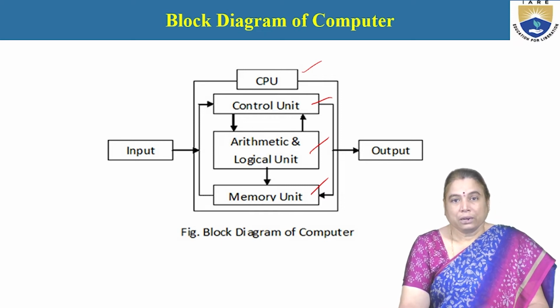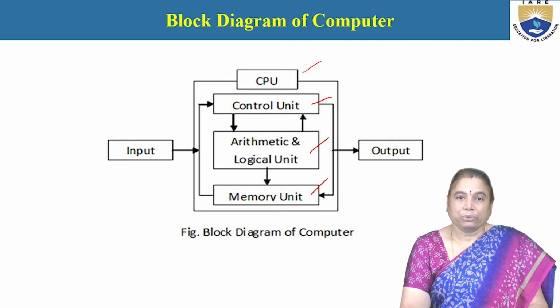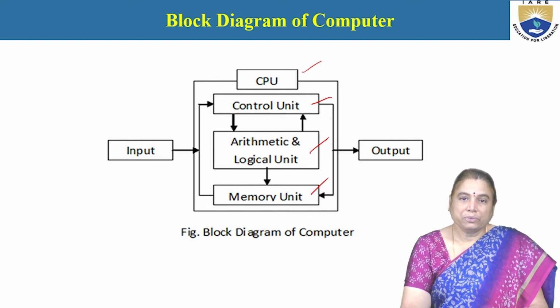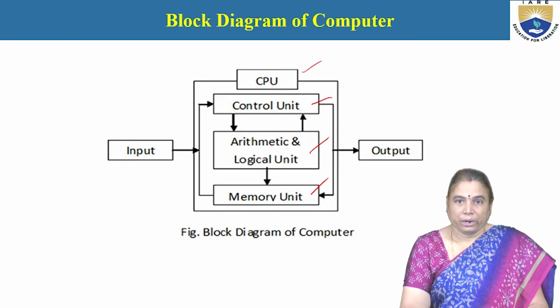The information, the data, programs, instructions that are given to the system can be stored in the memory unit. The storage capacity of the system can be provided with the memory unit. In the processing, the intermediate results that are produced, and the output, can also be stored in the memory unit. A variety of memory is available, basically RAM and ROM.